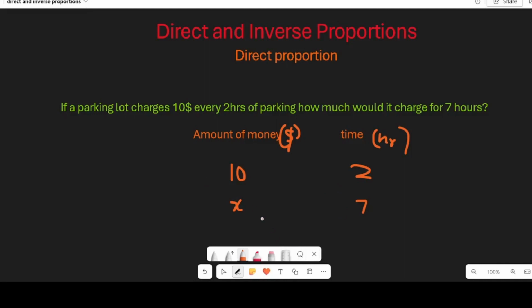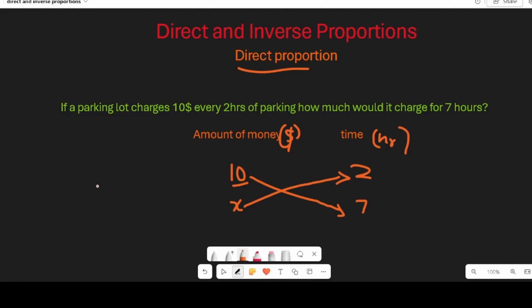Now it's not very complicated, so let's do a cross multiplication. When you're in direct proportion and you make this column, all you have to do is cross multiplication. The amount of money is 10 and you multiply this with 7, and the x over here you multiply with 2.